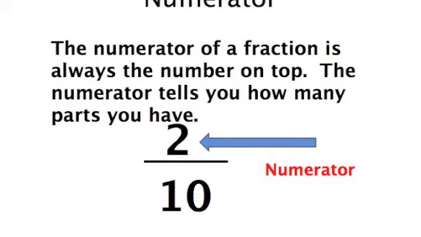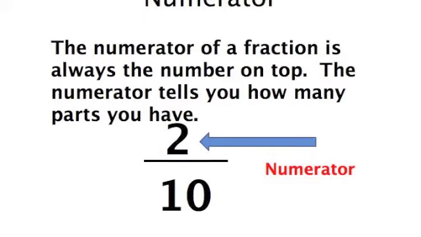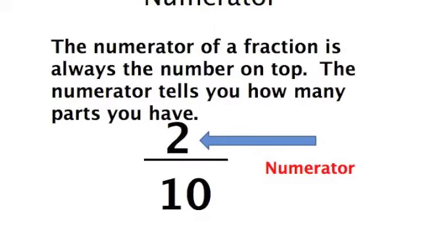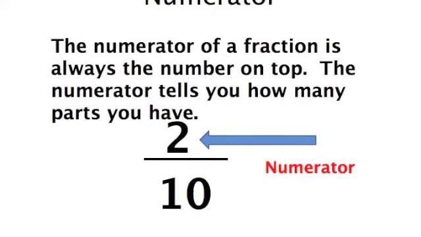So in this fraction of 2/10, our numerator is going to be 2 because that's the number on top, and that's going to tell us how many parts that our whole is split into. So we know again, what is the numerator? The numerator is always the number on top. Again, our numerator is 2 in this fraction.